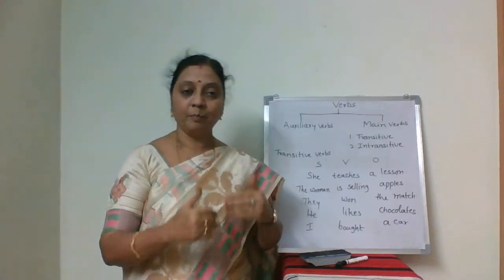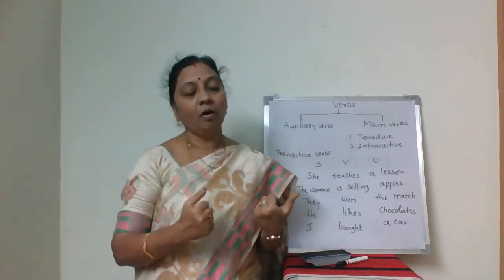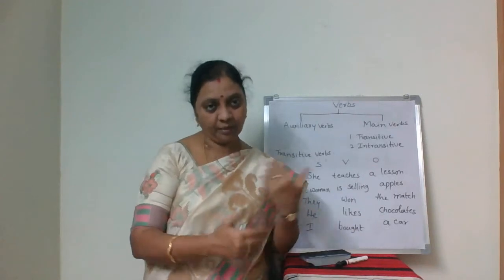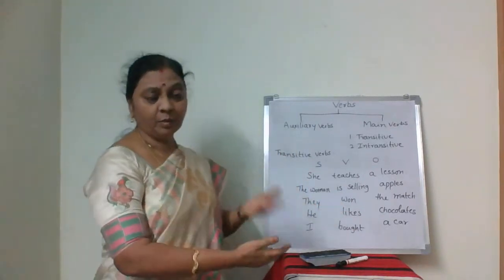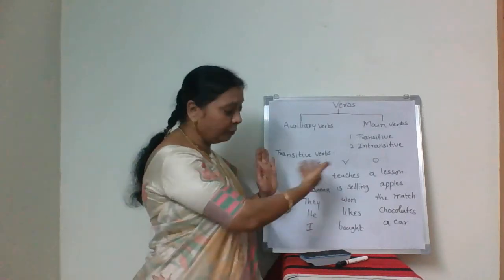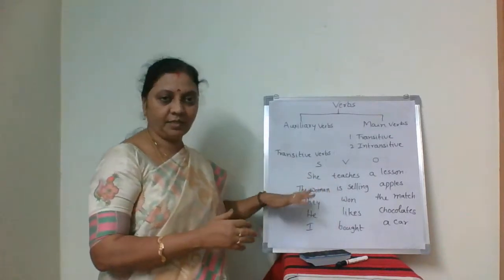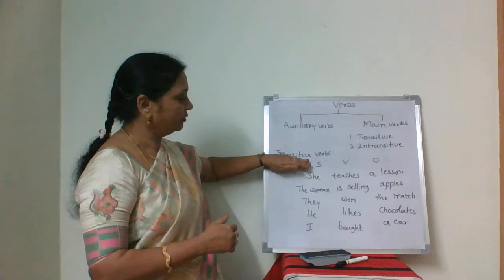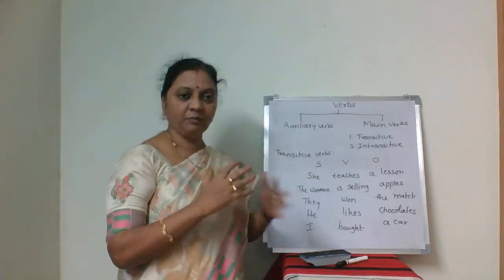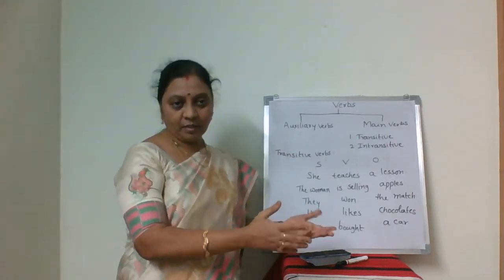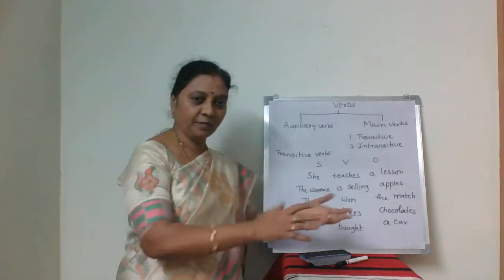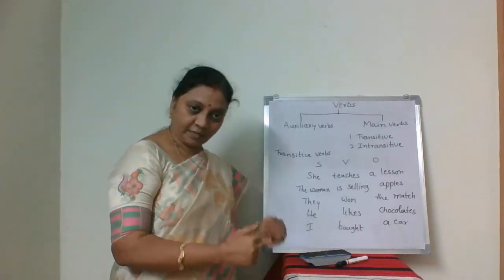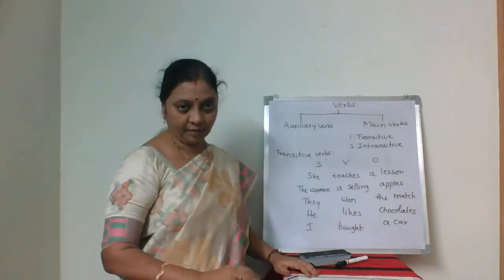Transit means passing on or transfer. What do we transfer? What do we pass? Meaning of transit is passing on something to somebody, or else it is transferring one thing to another.